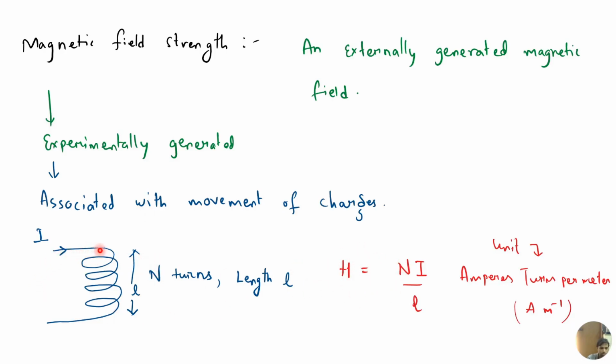To find its direction, rotate the fingers of your right hand in the direction of the current, and the direction of the thumb will tell you the direction of the magnetic field.